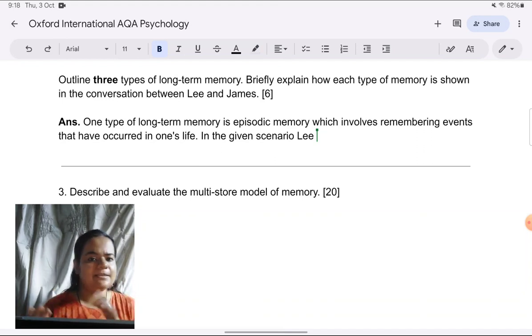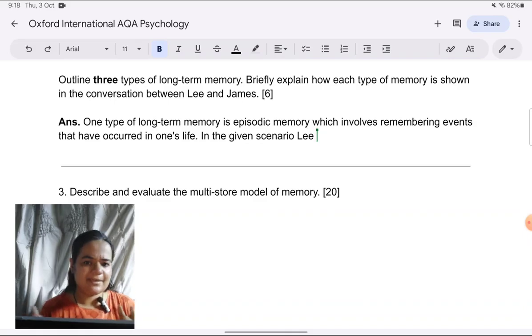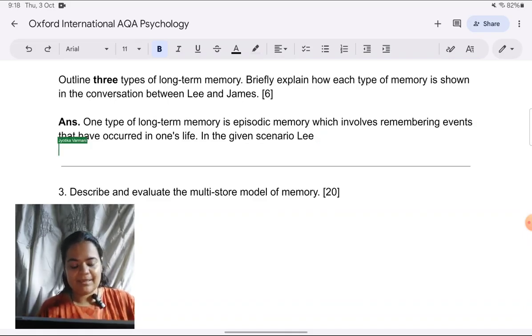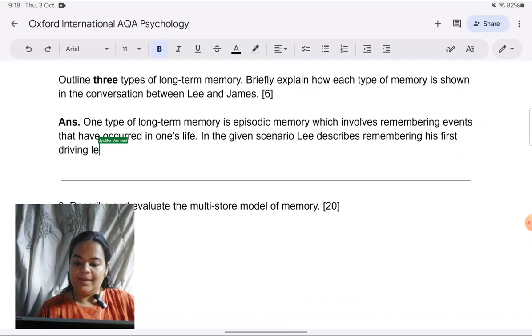There is a driving lesson which is mentioned. Why not write Lee is talking about his driving lesson? Be very direct. So in the given scenario, Lee describes remembering his first driving lesson and how difficult he found it.